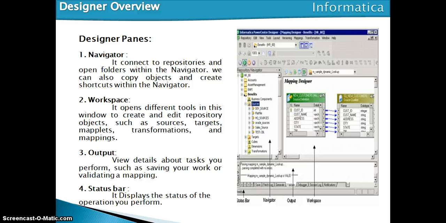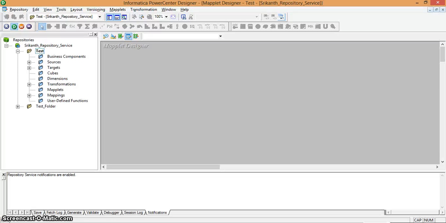One is the Navigator pane. Here the Navigator pane is what we use to connect to the repositories and folders. In this pane we can also copy objects and create shortcuts. We can export and import the components. Here this is the Navigator pane.